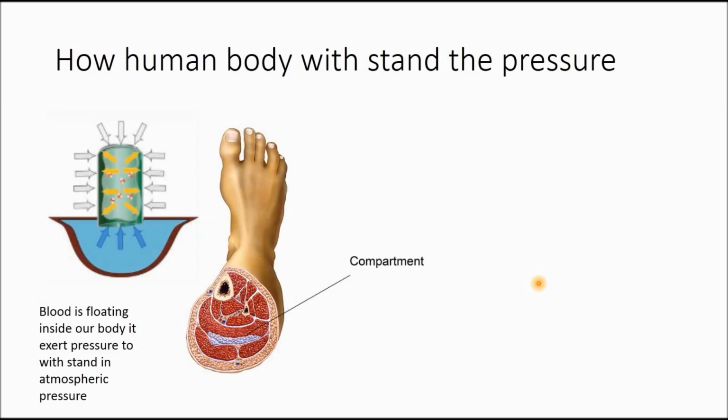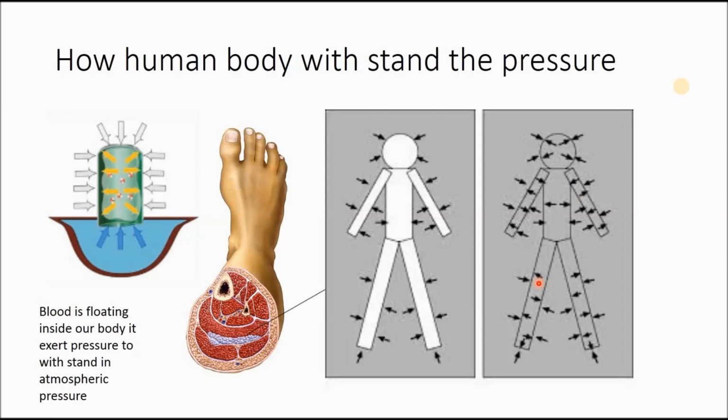The atmospheric pressure is acting on our body, but our body is made up of liquid blood, which also exerts the same pressure on our body. So here it is in equilibrium. That is the reason we are still surviving.